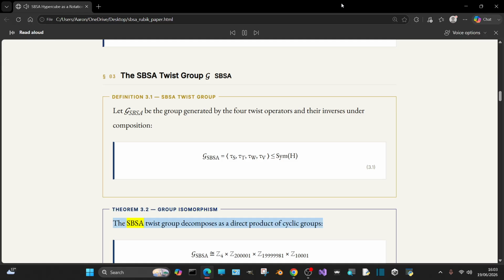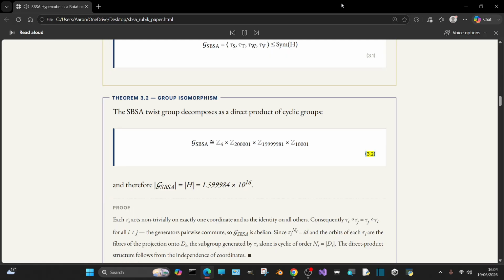The SBSA twist group decomposes as a direct product of cyclic groups. G_SBSA is approximately equal to Z_4 times Z_20001 times Z_1999981 times Z_10001.